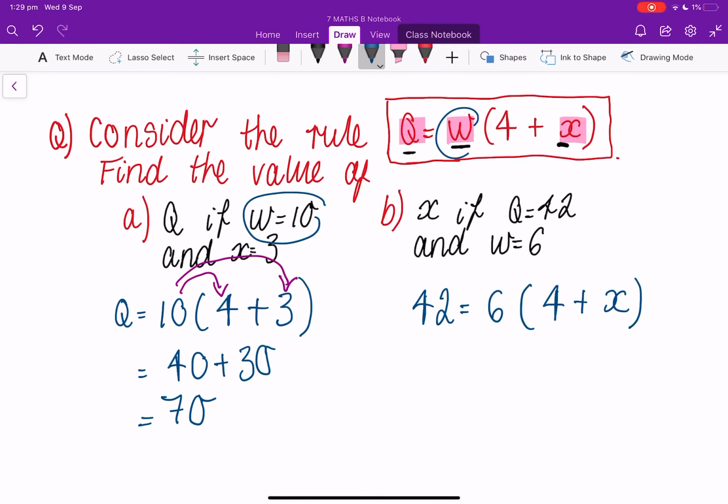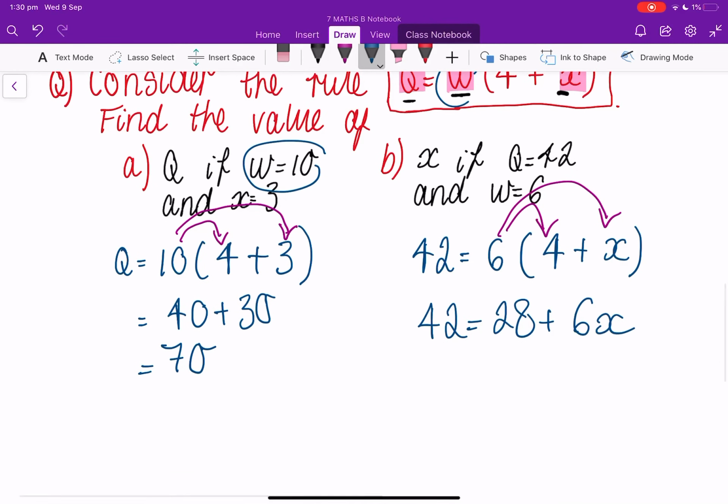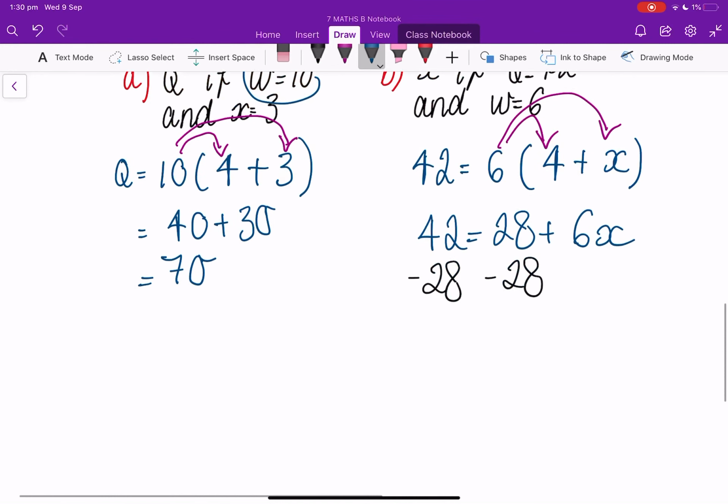Now, because we've got brackets, we need to expand them first. 42 equals 6 times 4, 28 plus 6x. We want to get rid of the outside layer, so we're going to get rid of this 28. 42 minus 28, 18.